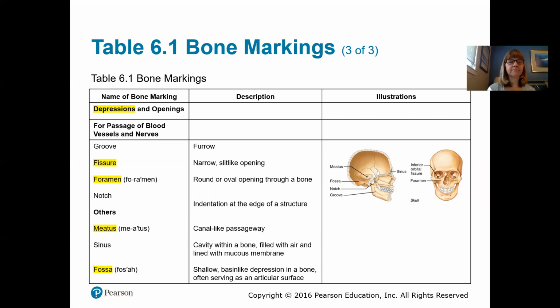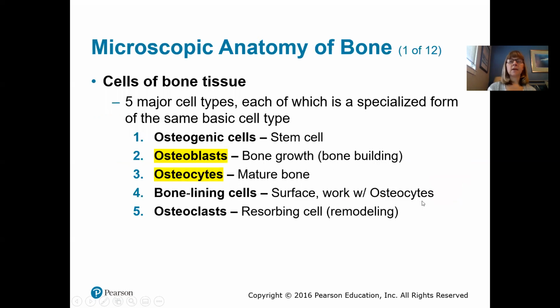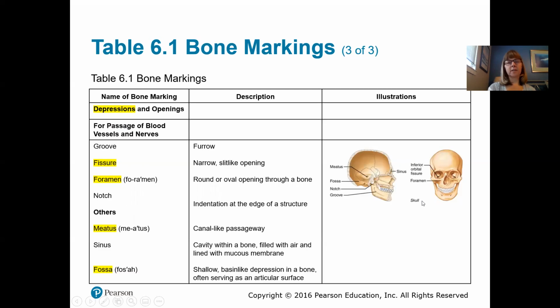It's pretty big. And the fossa is a shallow basin, so that can be anywhere, more of a basin or a shallow indentation. And then sinus, I guess I should have highlighted that. We are going to be memorizing the different sinuses of the skull as well.